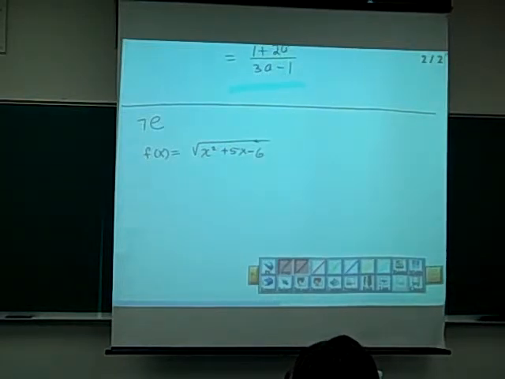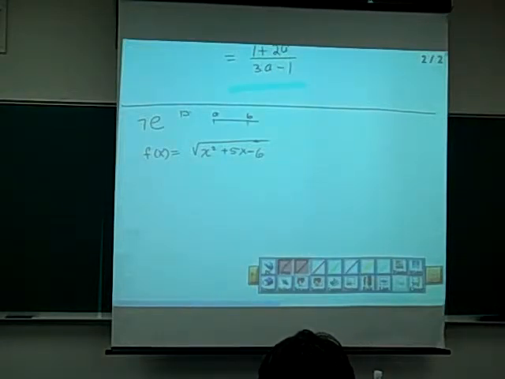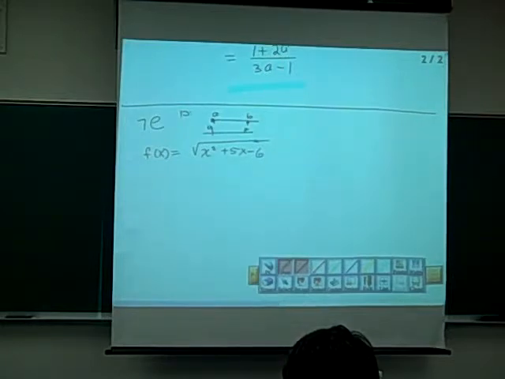Now, with this one, we know that when we have a square root and an x squared, our domains are going to do one of two things. If we have A and B, and they're closed, the graphs are going to do one of two things. What is it going to do?